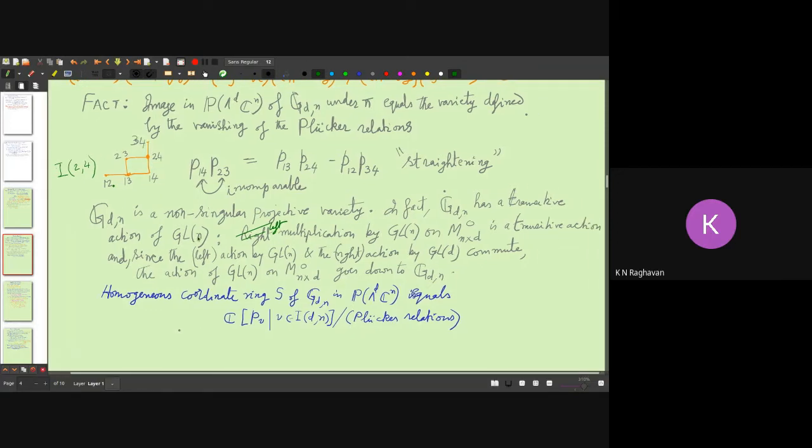And since the left action by GL_n and the right action by GL_d commute, the action of GL_n on this space goes down to the Grassmannian. Since this is a transitive action, it follows that this is a non-singular projective variety, because any variety in the classical sense has at least one non-singular point. And since this is a transitive action, every point is like every other point. So it's non-singular.